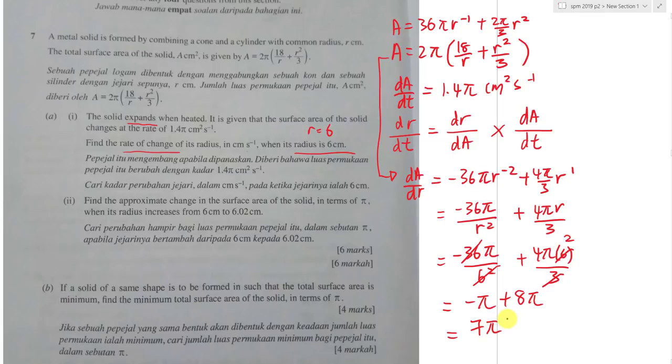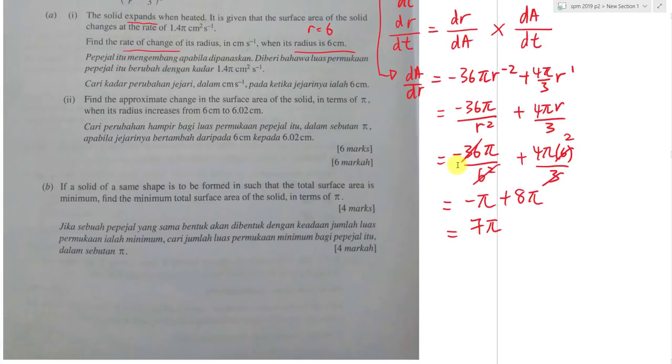So this is the value of dA/dr. But the question asks about dr/dA, or we want dr/dt. So therefore, dA/dr equals 7 pi over 1. So for dr/dA, what we do is flip it over, becoming 1 over 7 pi. Then I will plug it in here.